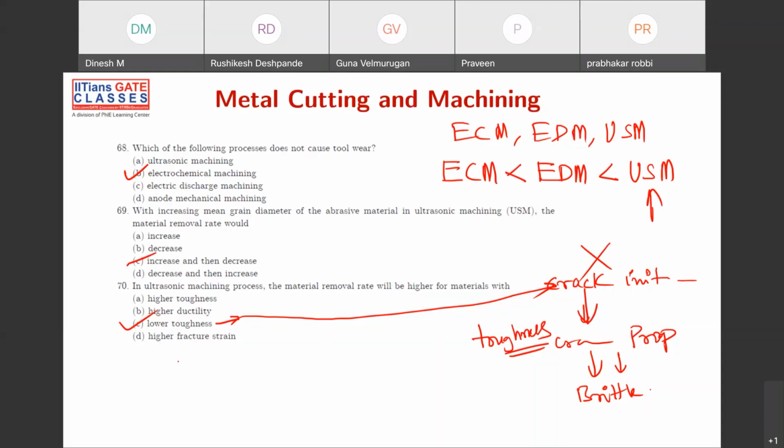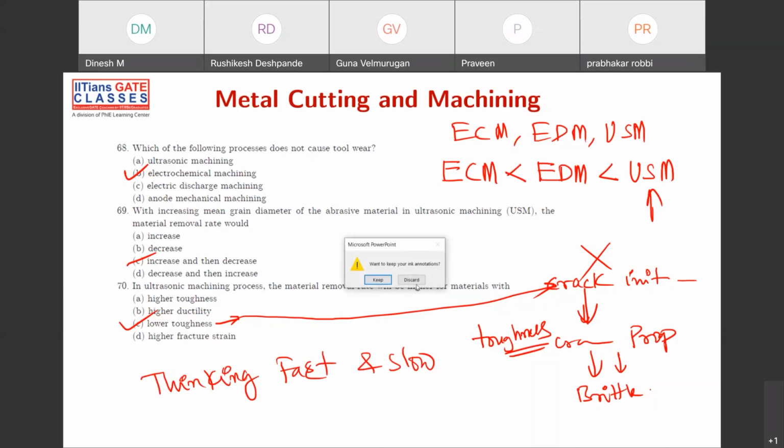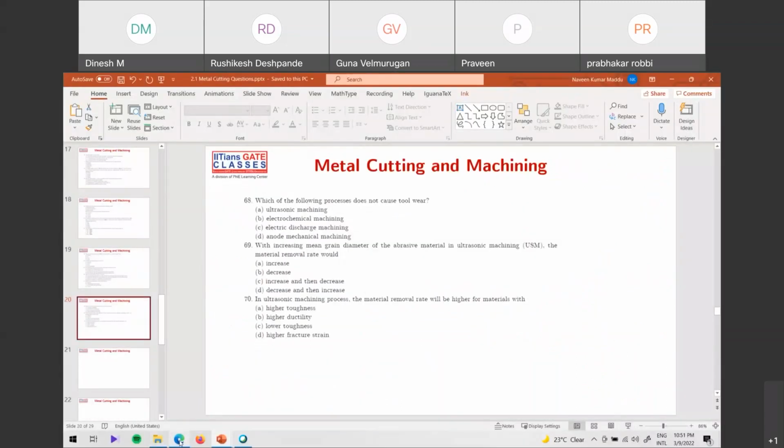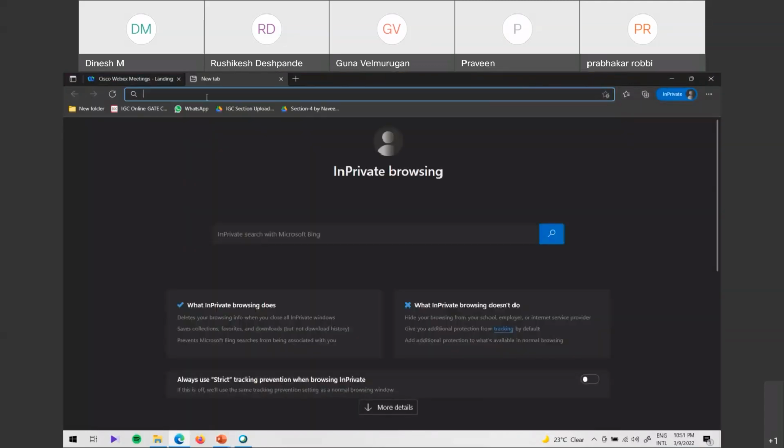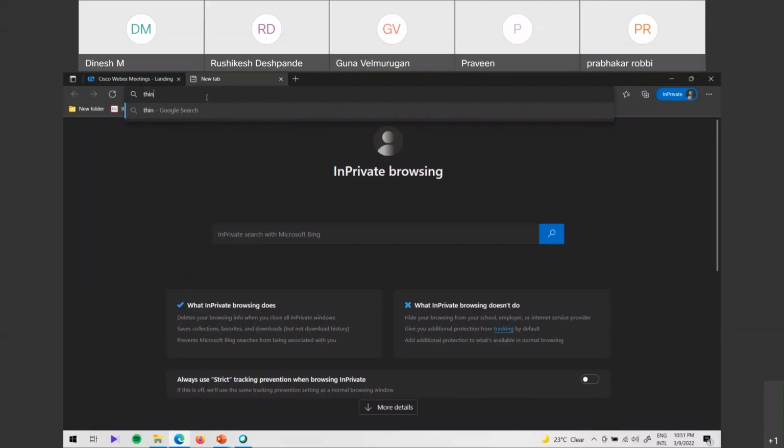The book is Thinking, Fast and Slow, a very good book by Daniel Kahneman.